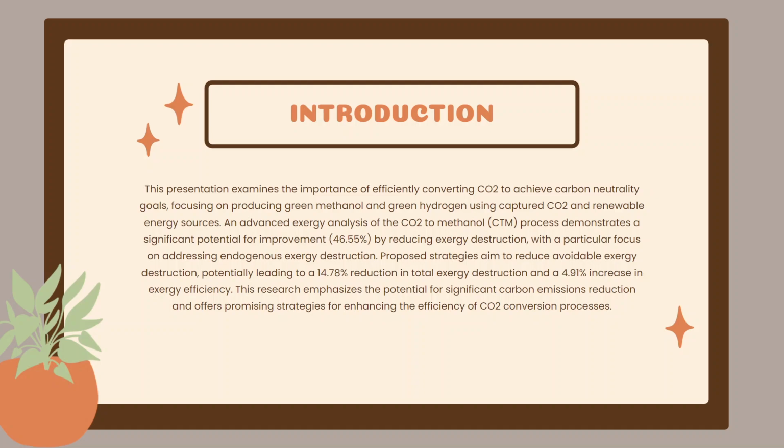This specifically focuses on producing green methanol and green hydrogen, highlighting their potential to cut carbon emission and tackle storage challenges. The advanced exergy analysis of the CO2 to methanol process reveals a 64.55% improvement potential, primarily addressing endogenous exergy destruction.